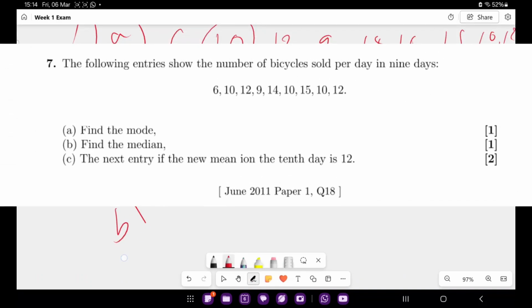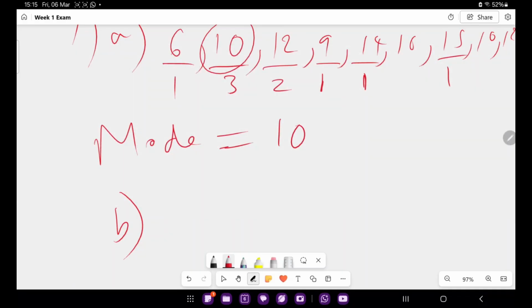Median. For median, we arrange these numbers in order from lowest to biggest, or from biggest to lowest. I usually do from lowest to biggest.